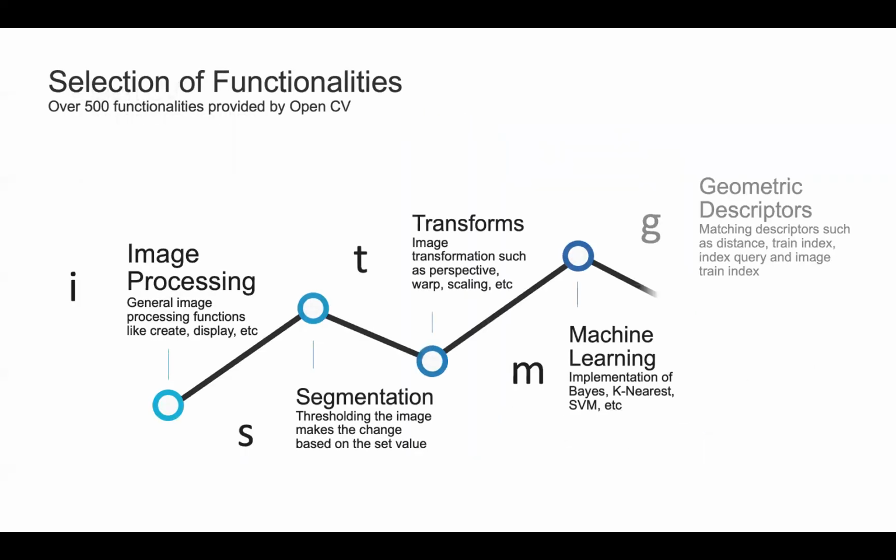Okay, now let's talk about the functionalities that OpenCV offers you. So it offers more than 500 functionalities that you can use. One of the functionalities is image processing. When you have an image, you can either display the image, or if you want to create an image, you can create an image, and so on. The next one is segmentation.